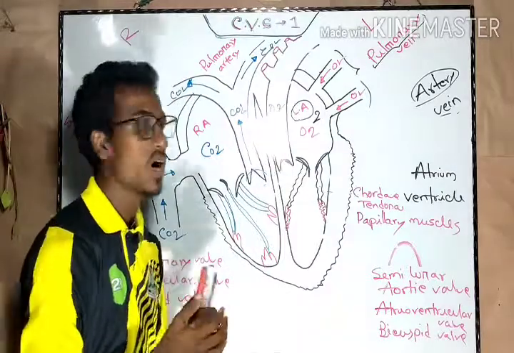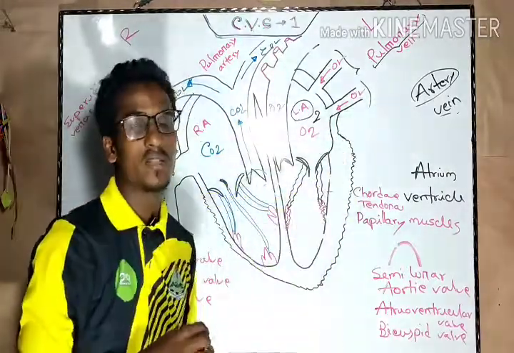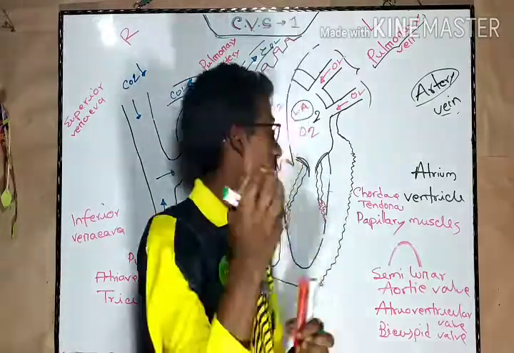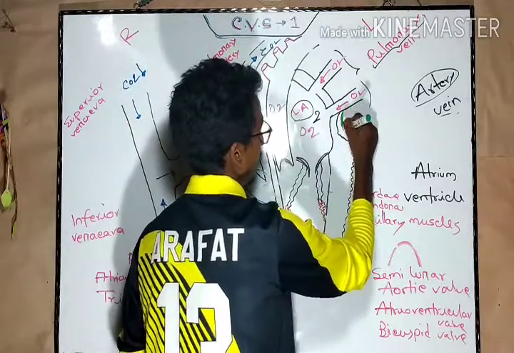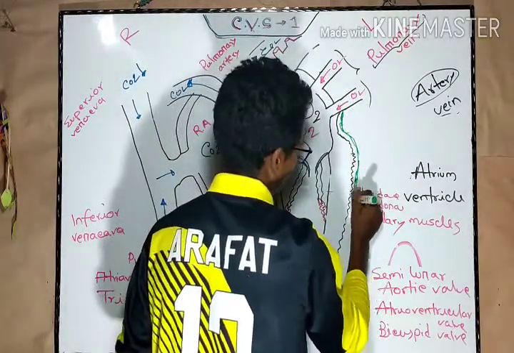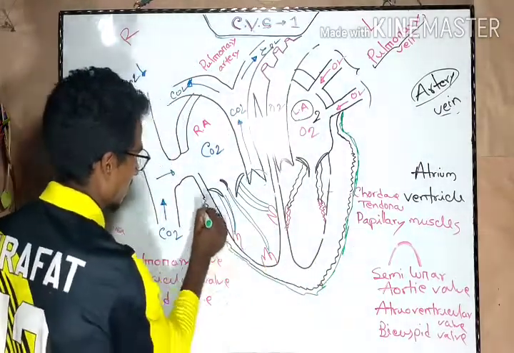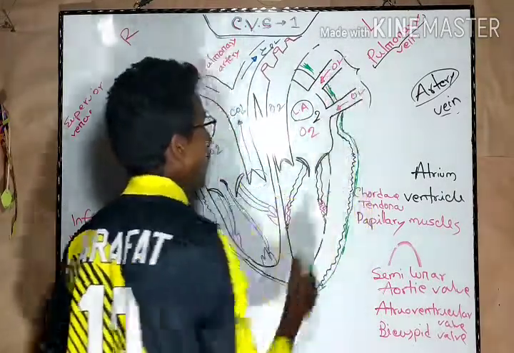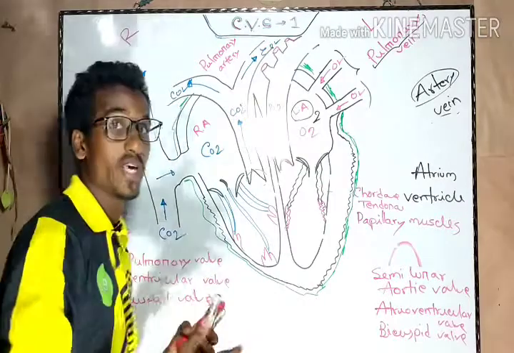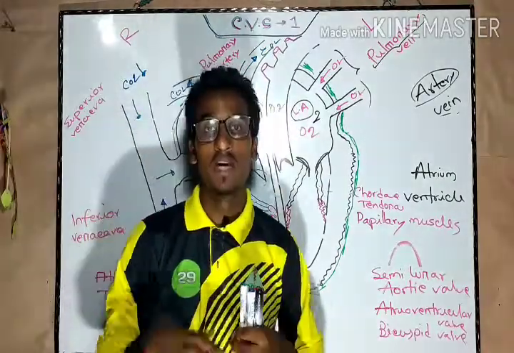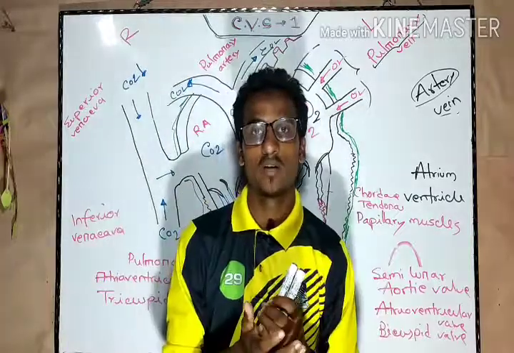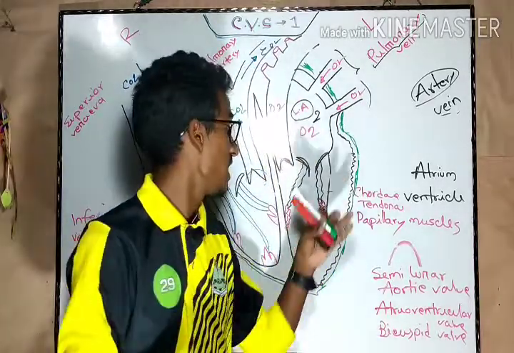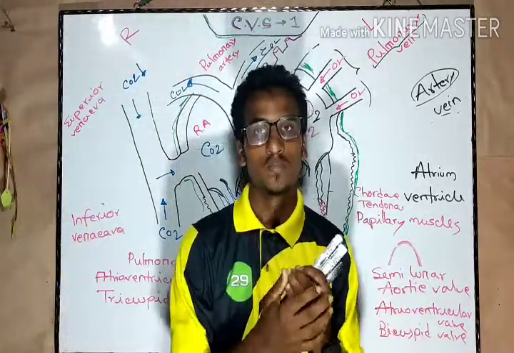Now look at the covering of the heart. The heart is covered by a fibrous sac, made of fibrous tissue, covering all parts of the heart. This sac provides physical protection to the heart and prevents the heart from over-expanding. The heart can expand, but the sac prevents it from over-expanding.